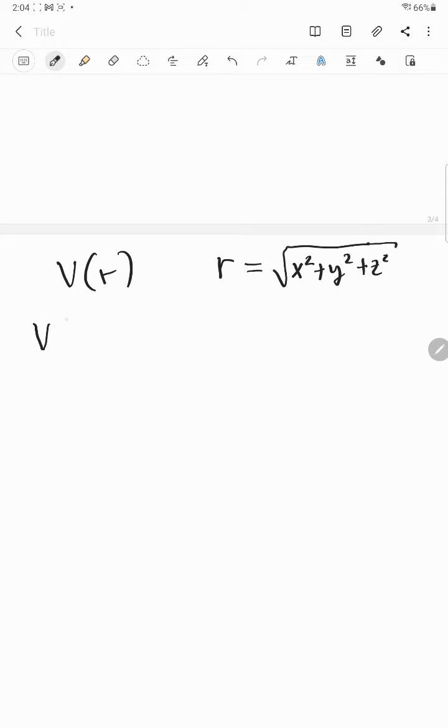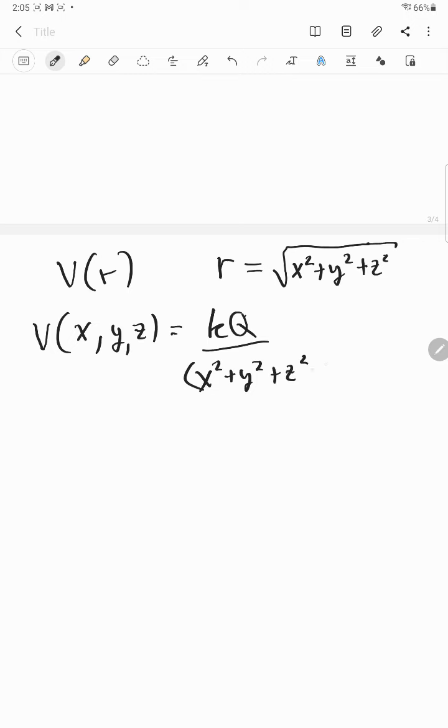So we can study V of x, y, and z. This is k times q over x squared plus y squared plus z squared, all raised to the 1/2 power. That's what's meant by square root.